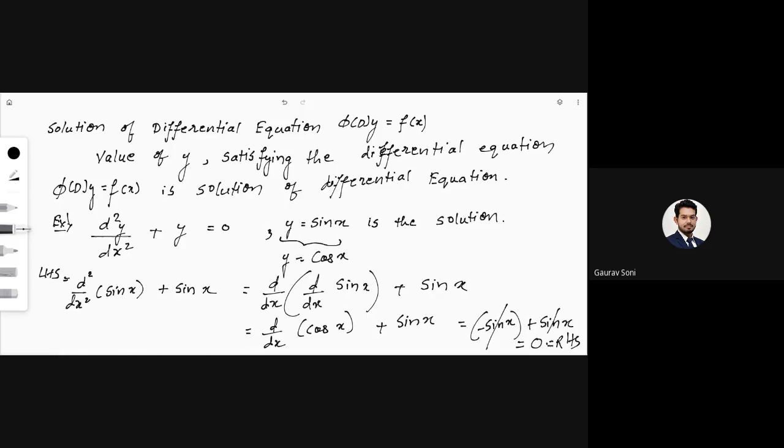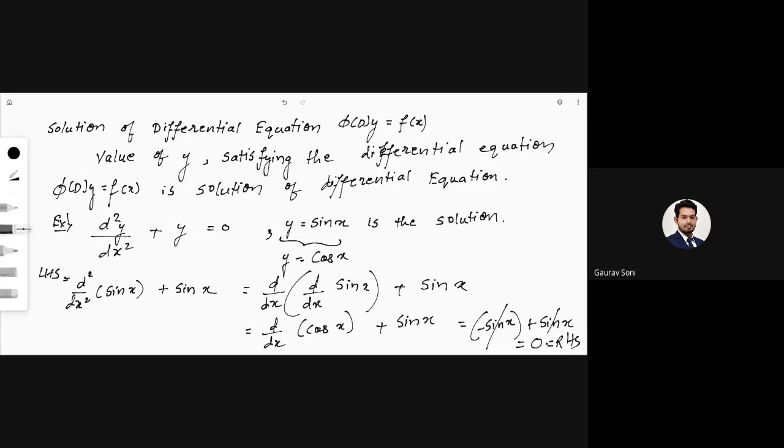Shaunak. Is it Shaunak? Yes, sir. Okay, 2 cos x should not come. Sir, the derivative of minus sin x is plus cos x, so cos x plus cos x is coming. No, the derivative of minus sin x will be minus cos x. Okay, so then yes, it's coming. Yes, sir, it is a solution. Okay.